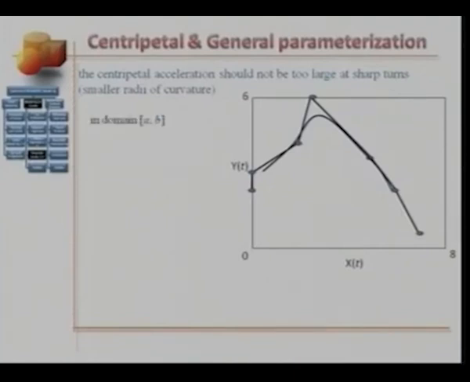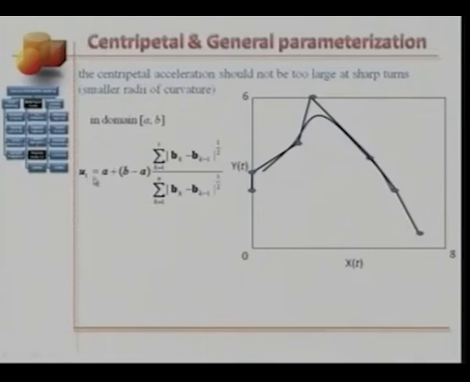Now, in the domain given by the two values a and b, between the chord length parameterization and centripetal parameterization, the exponent in both the numerator and the denominator is the only difference.